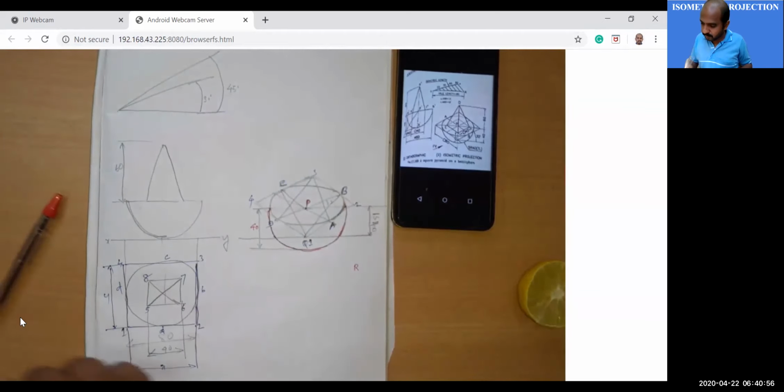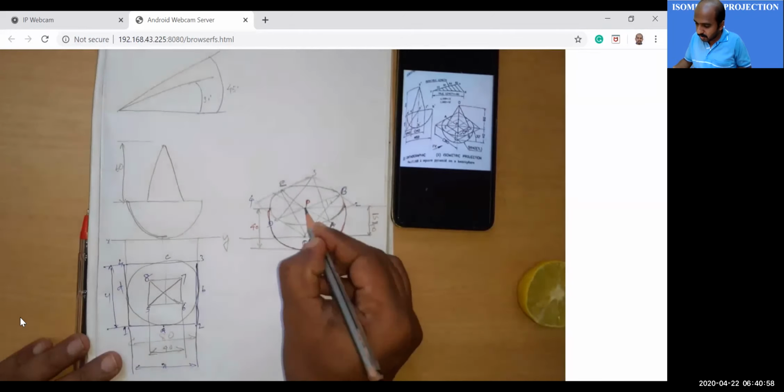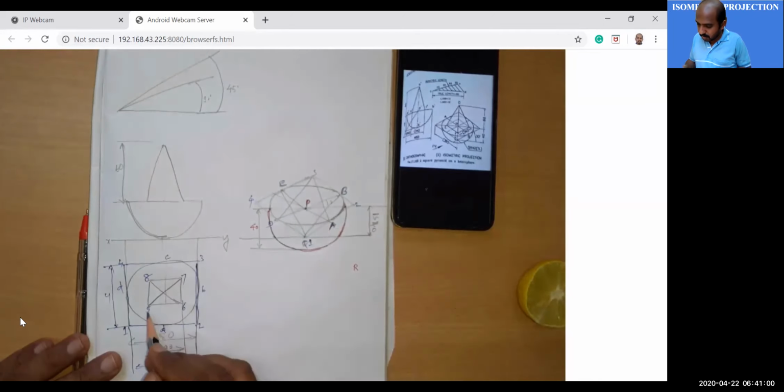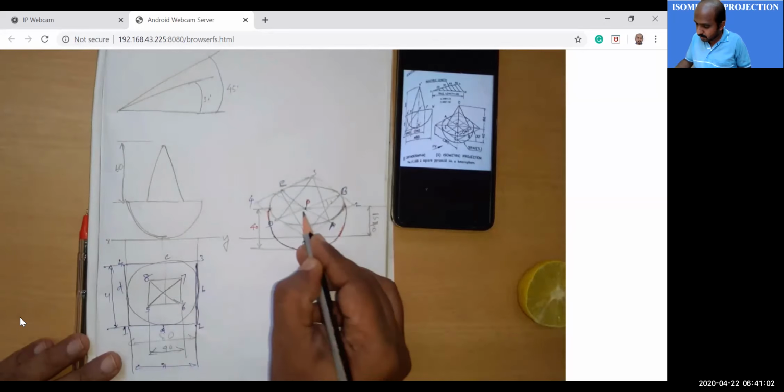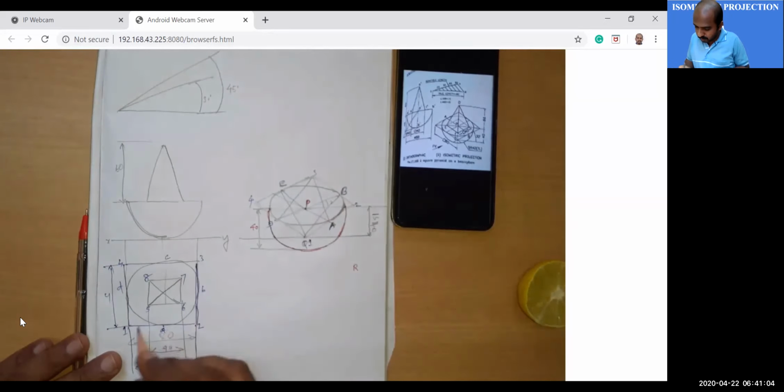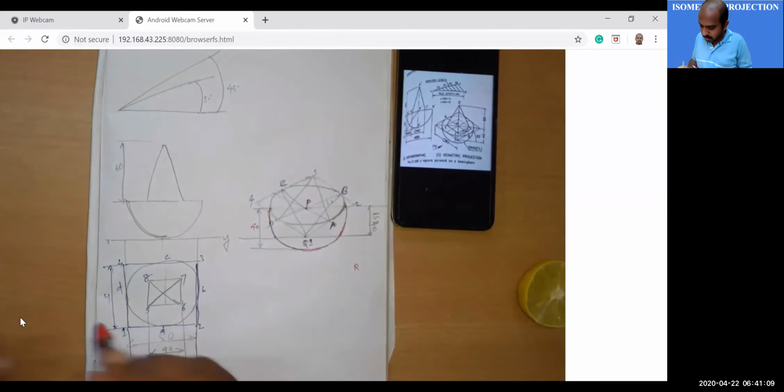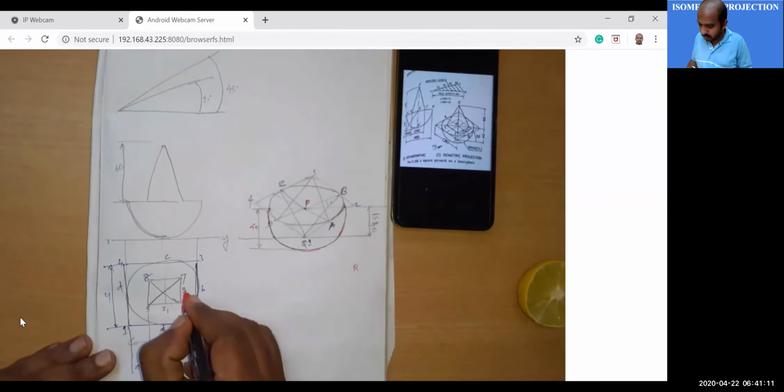Now what you can do? Here you draw. You try to complete. Parallel to this one, let this be x1 and let this be y1.